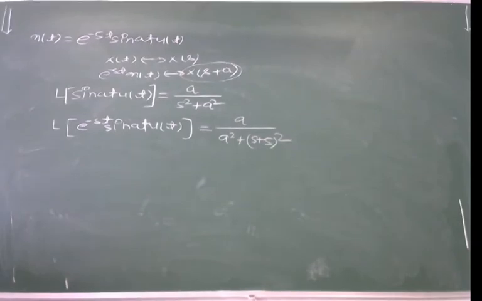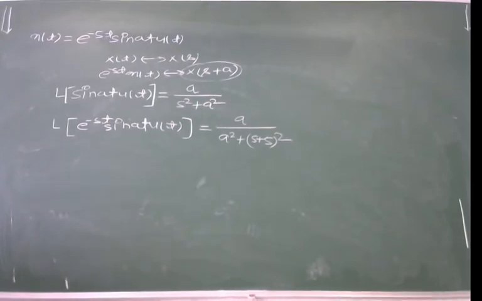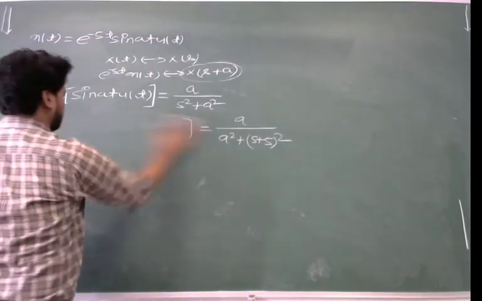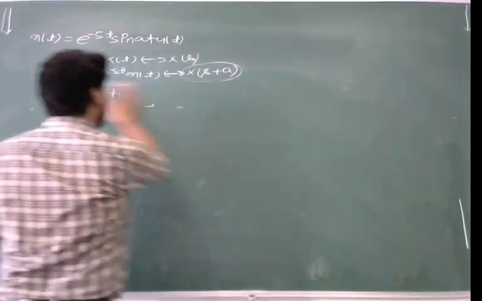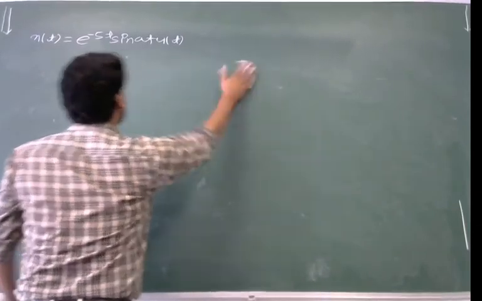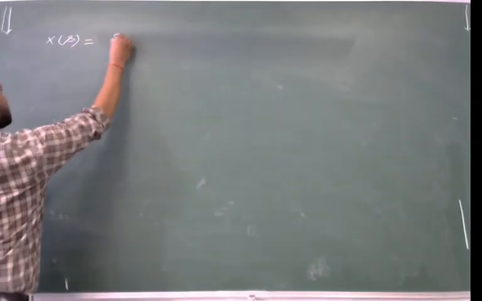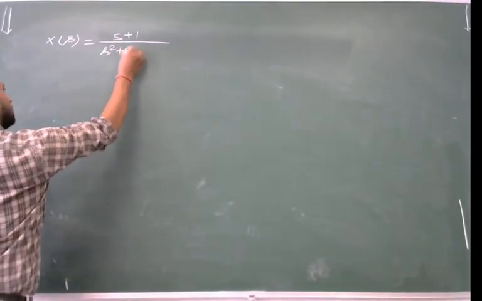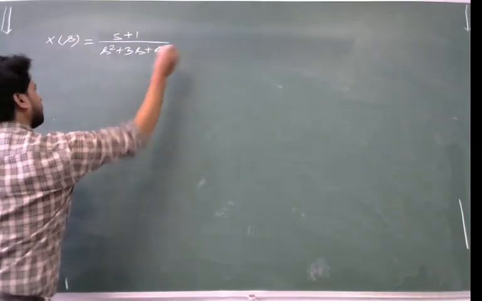consider some more examples. The Laplace transform of the signal x(t) is given as X(s) equal to s plus 1 upon s square plus 3s plus 4.